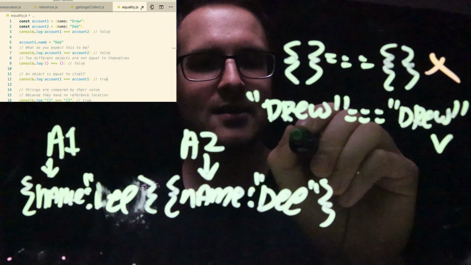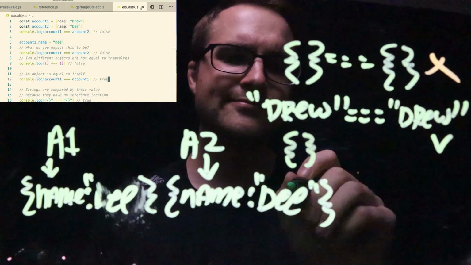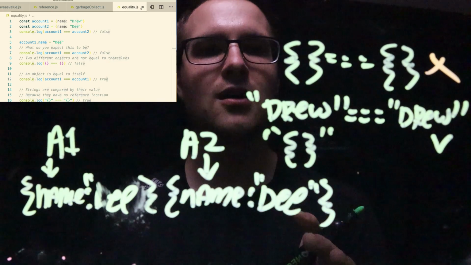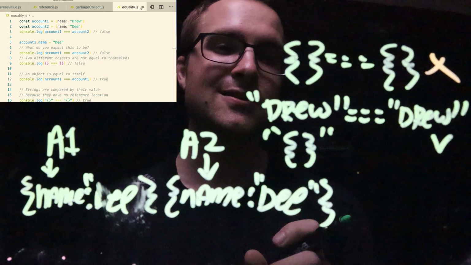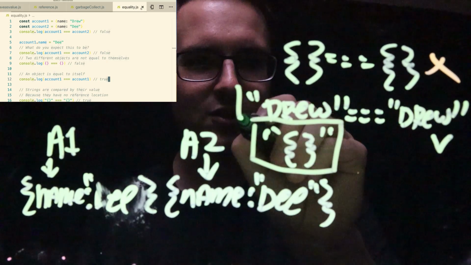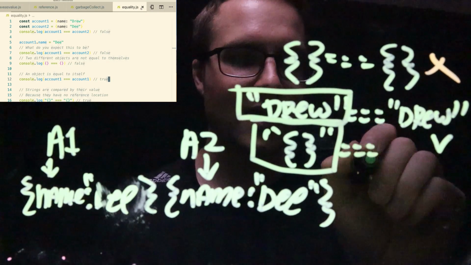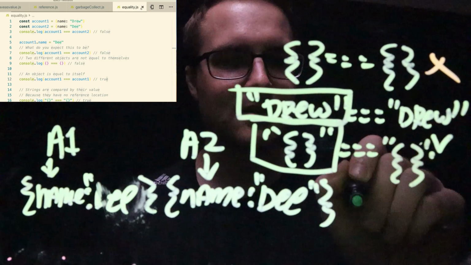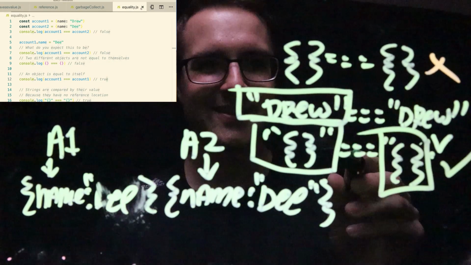But if you take what looks like an object, and you say, I'm just going to put some quotes around it, now it's no longer a JavaScript object. It's just two characters of curly brackets in a string primitive, just like Drew was. Okay? And if you set that equal to another set of string characters that just look like an object, that is going to be true. Those are the same because it's a primitive now.